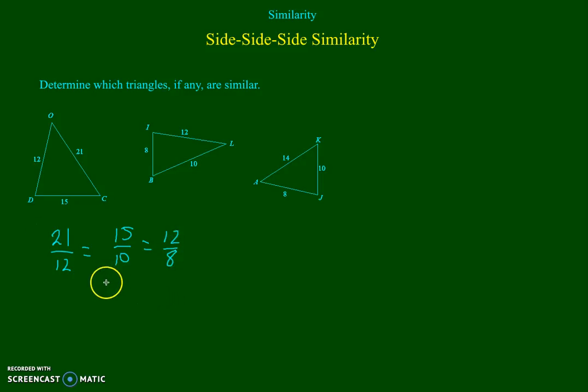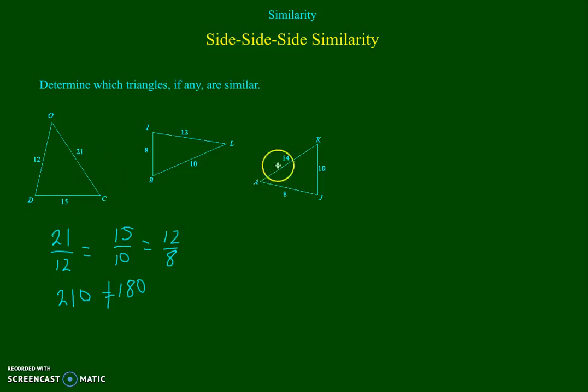So if we cross multiply these, 10 times 21 is 210, and 12 times 15 is 180. They do not match, so these two triangles are not in proportion because these two sides are not proportional to these two. So let's go ahead and try this triangle and this triangle.